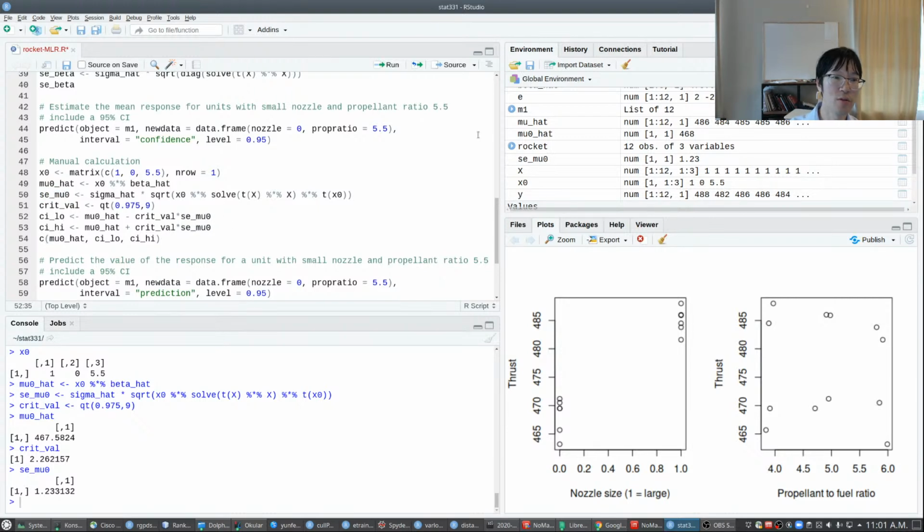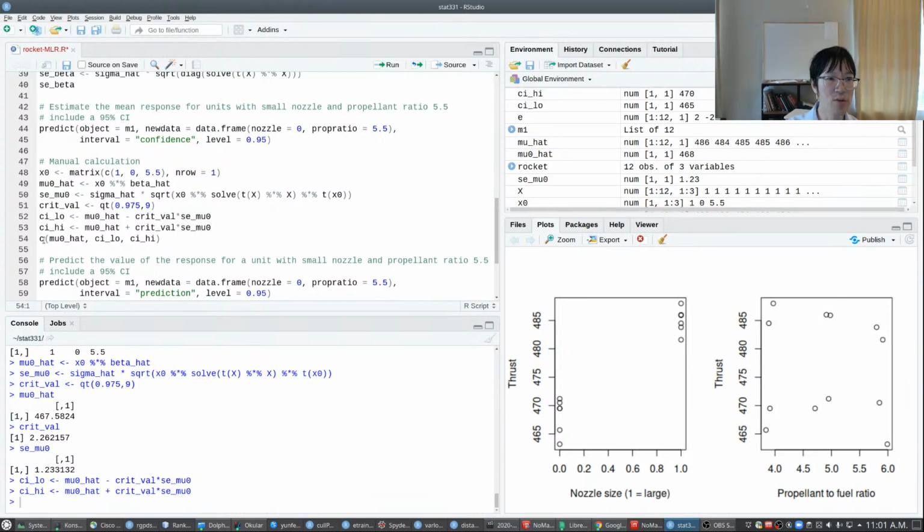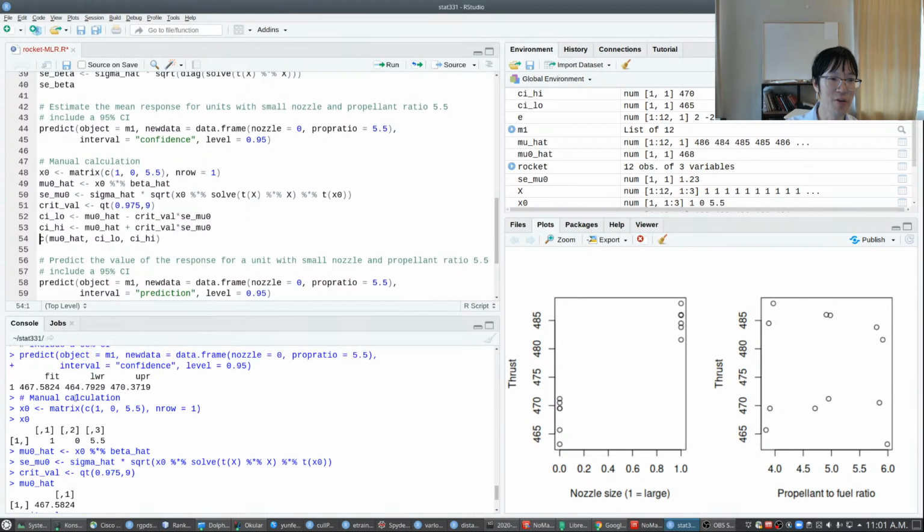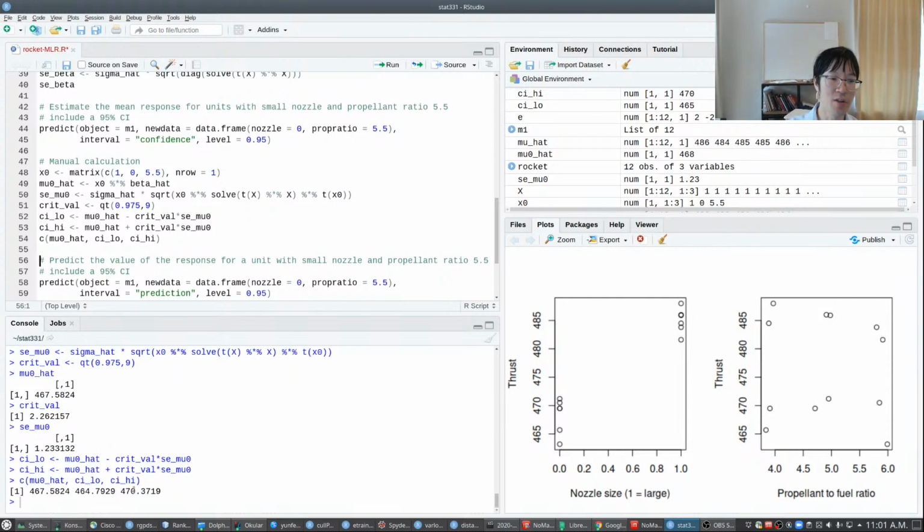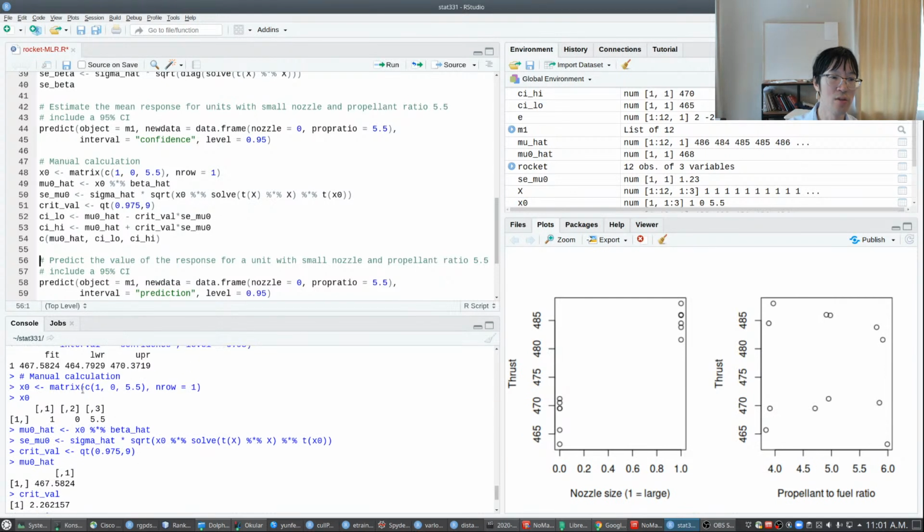We calculate those, and then I've put them inside a vector to match the output we saw for the predict command. It ordered the estimate, then lower limit, then upper limit, so I'm putting it in the same way so that we get exactly the same values as in the output of the predict function.